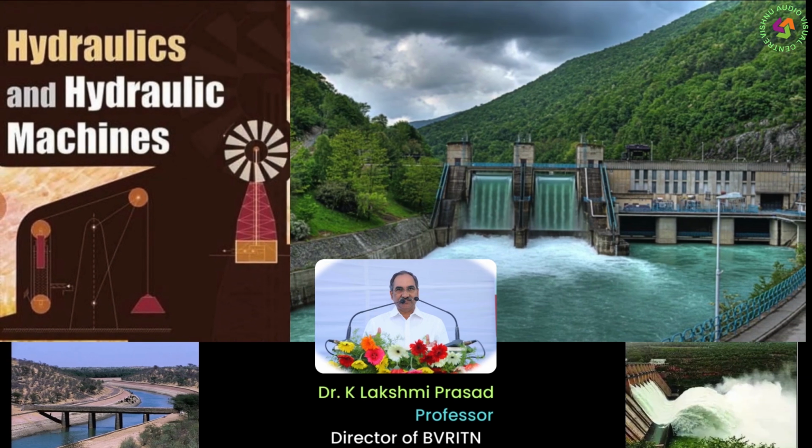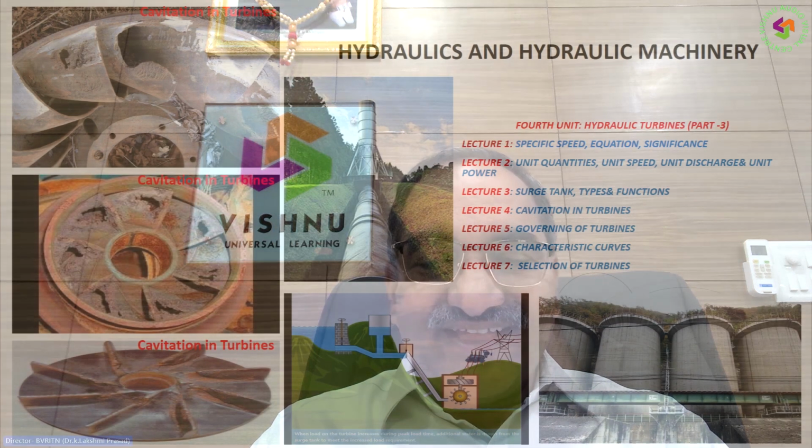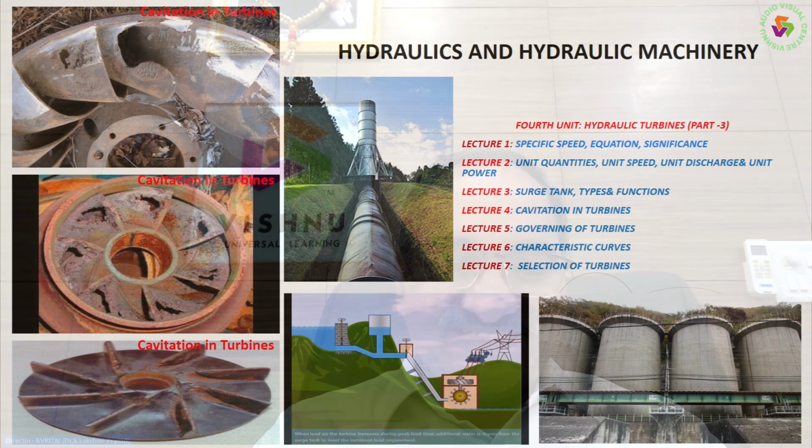In today's lecture, we deal with the governing of hydraulic turbines. Governing of hydraulic turbines means it is the way to maintain the speed of the turbine as constant under all varying load conditions.